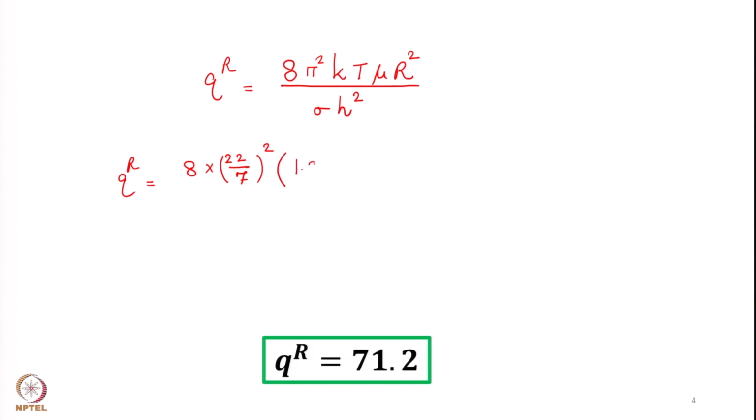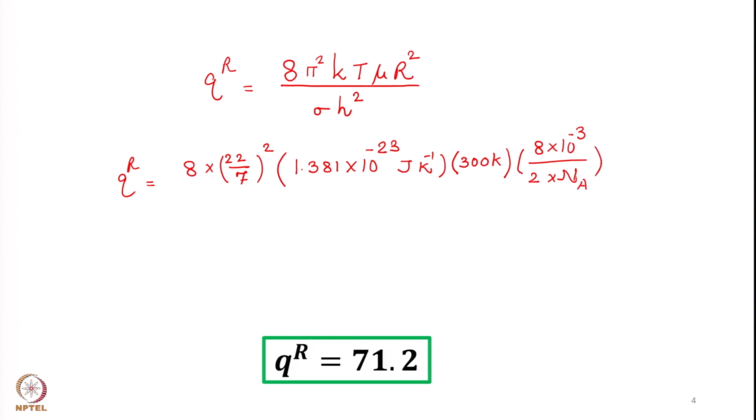K is 1.381 into 10 raised to the power minus 23 joules per Kelvin. Temperature is 300 Kelvin. Mu is half m, that means 8 into 10 raised to the power minus 3 over 2 into Na, where Na is the Avogadro constant.